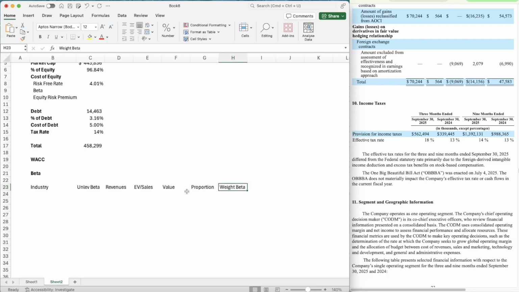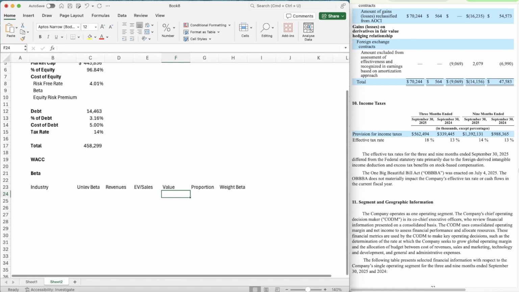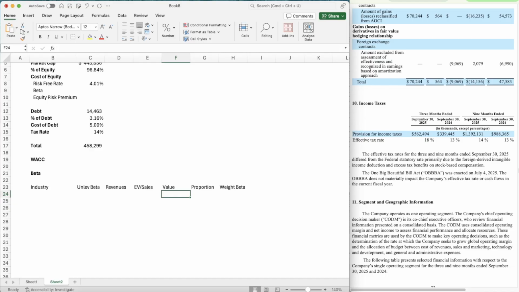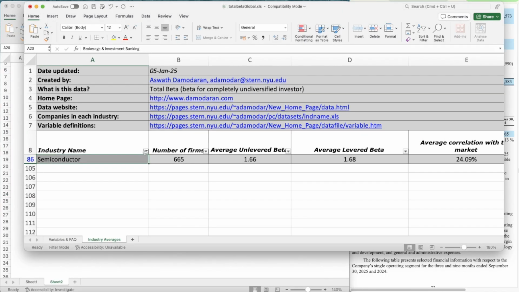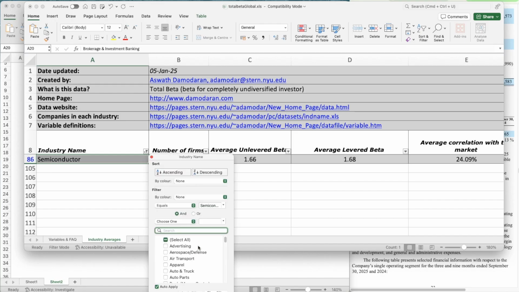But to be honest, this is how we would do it normally, but we know that there's only one industry, so we're just going to take the unlevered beta from that. We don't need to work it out properly. Again, I'll show you how to do it when we're on another one that has multiple industries within its company. But for right now, let's not be too detailed, because the match is going to start in a bit.